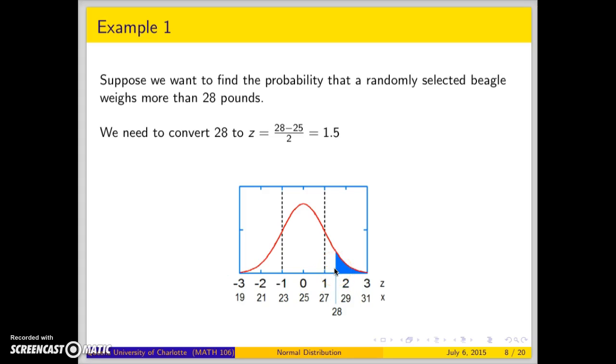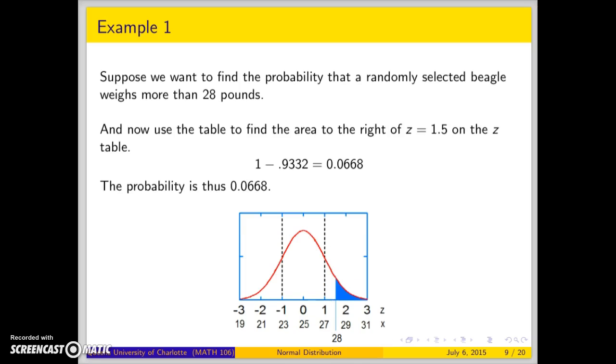So let's find the area to the right of 1.5 on the z-table. And if you recall from last week, you find the area to the left and subtract that from 1. So if we look at the z-table and find the area to the left of 1.5, we would get 0.9332. Okay, so 1 minus 0.9332 gives us 0.0668.